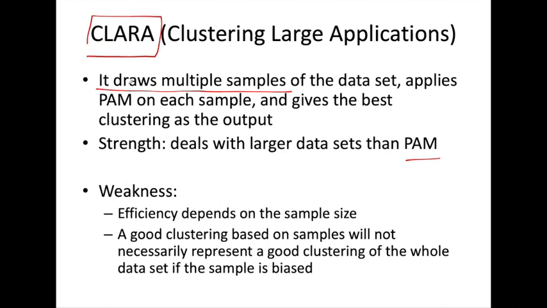From that sample you get the representative set of Medoids, you finish the process and compute the clusters, and for the remaining portion you just compute the distance to the closest Medoid from the original sample. That's one of the alternatives that we use in order to deal with huge data sets.